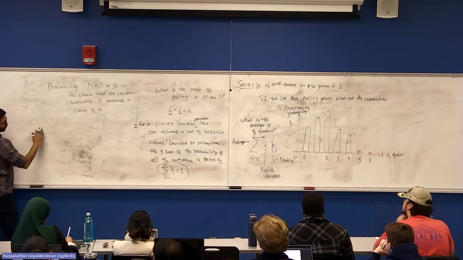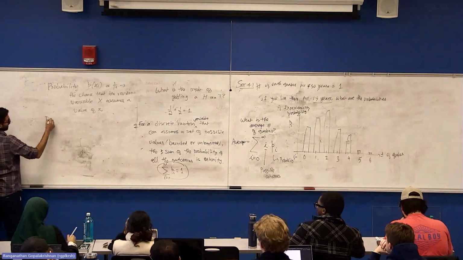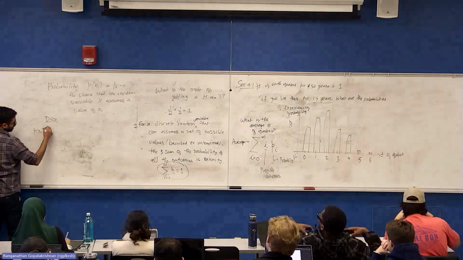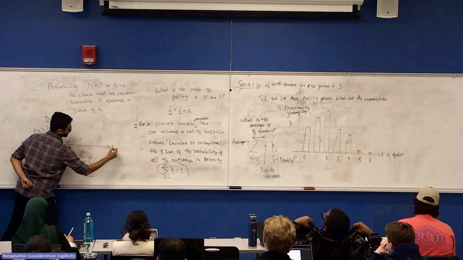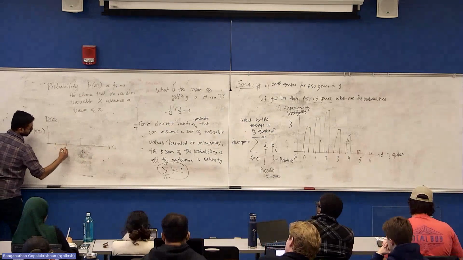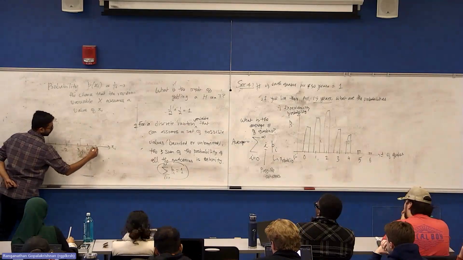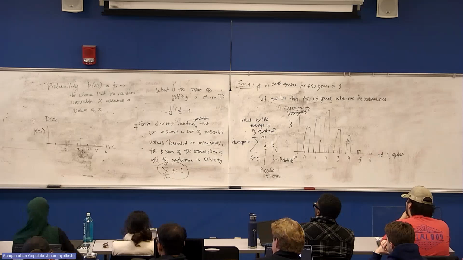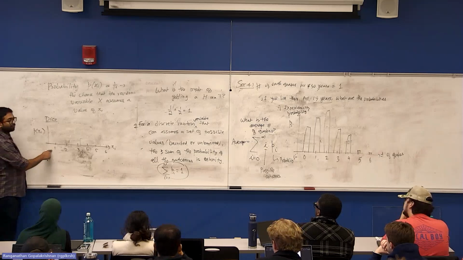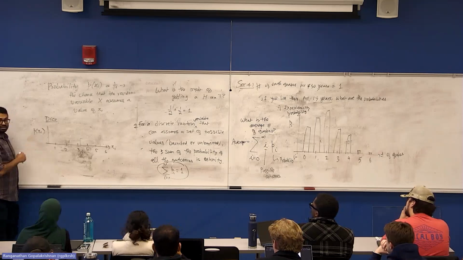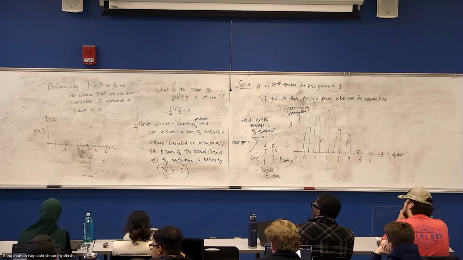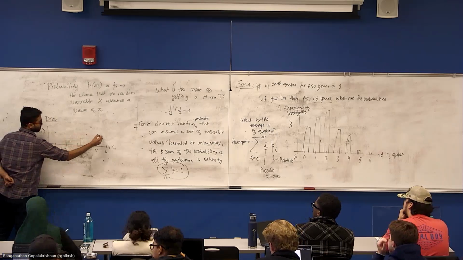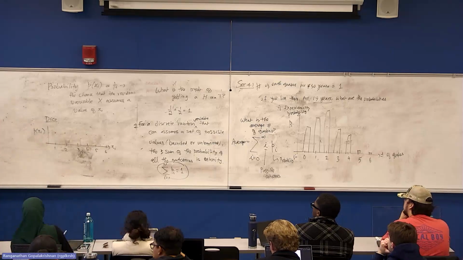So I keep going back to those familiar examples. Let's say for the dice. If I were to draw P of xi versus xi, I have 1, 2, 3, 4, 5, 6. How will this graph look like? Probability versus the value of the random variable for the dice. It will be the same value for all the x values because the probability is the same.